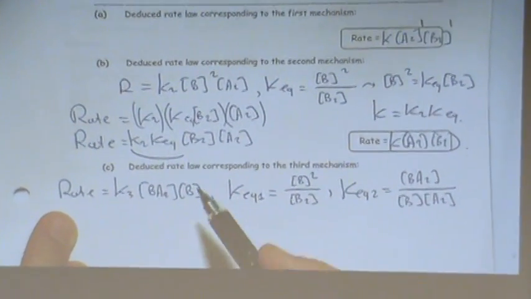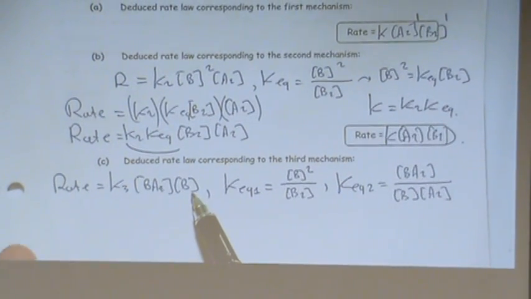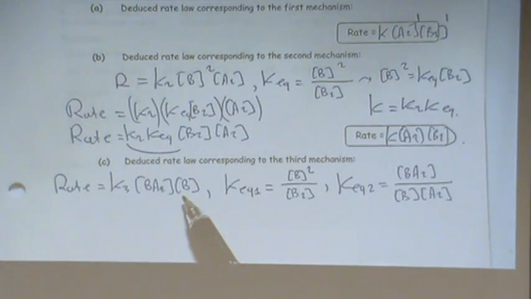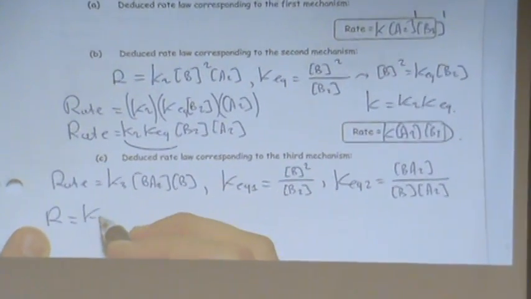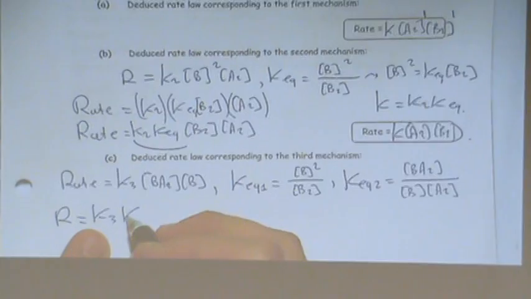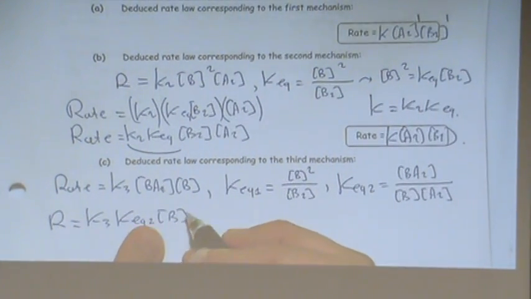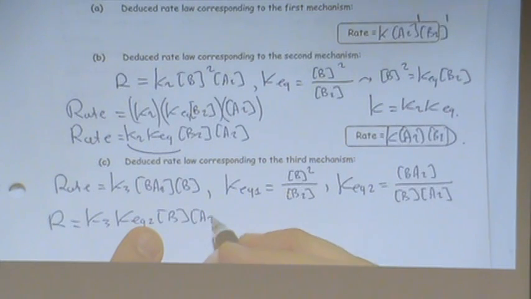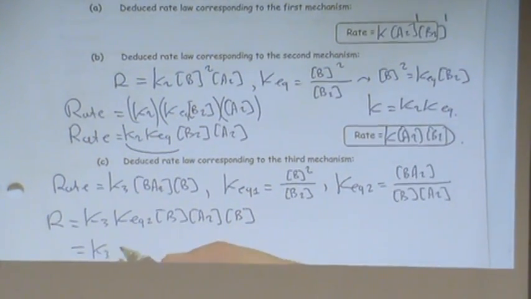So now, because of these two equations, this rate law for the slower step, which will be the rate of our overall reaction, will be rate equals K3 times K equilibrium 2 times B, A2, again B, and we can manipulate it a little bit algebraically.